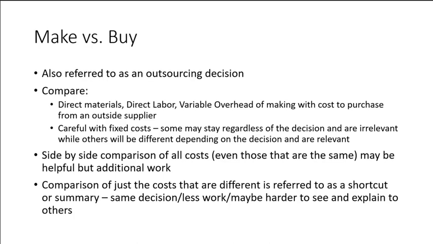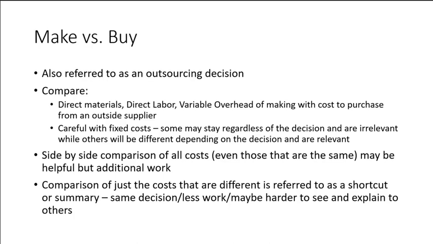So how would you decide that? From a purely financial standpoint, you're going to look at the variable costs: the direct materials, the direct labor, the variable overhead. Those are the costs that are going to go up because you make the pants. You can look at it on a per unit basis, or you can look at it in total.